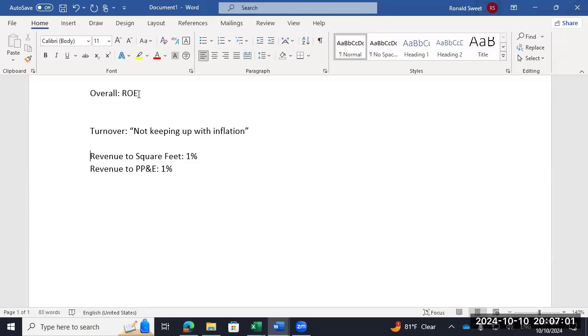Right? So what's unique about property, plant, and equipment that's not true for square feet? See if y'all can read my mind here. Which of these is on the balance sheet, first of all? Property, plant, and equipment, which means it's in what kind of, how's it expressed? Asset.